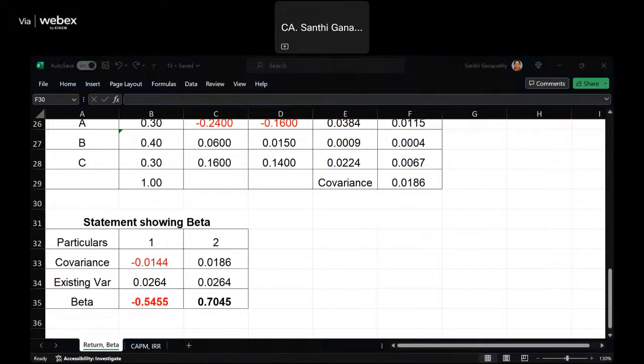Now, if you look at the requirement of the question, it says the directors have decided to use CAPM for appraisal of their 2 projects.